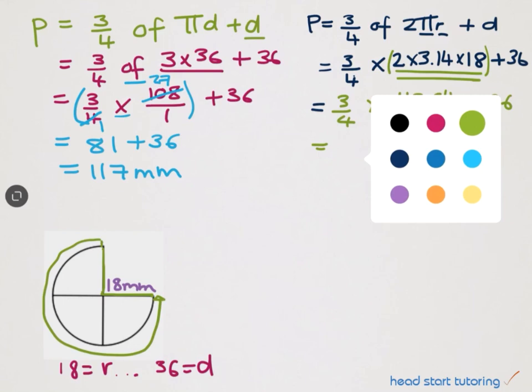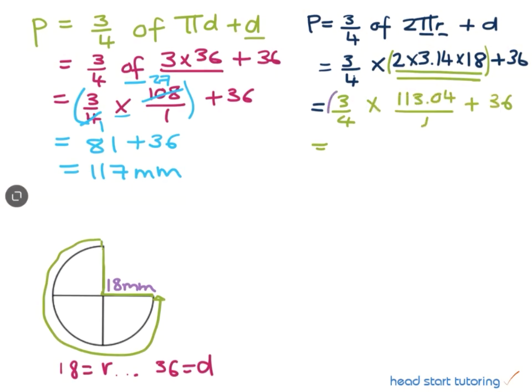So let's just remember that you need to do this first and then plus. So 3/4 of, or multiplied by 113.04, we just multiply our numerators. So 3 multiplied by 113.04 will give us an answer of 339.12 over 4. And then we just plus our 36.